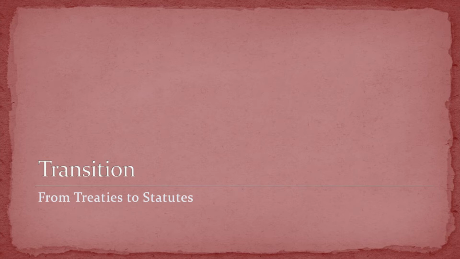So at this point, we're going to transition from treaties to statutes. This is all really heavy stuff when you really think about it. And for tribal people and their allies, when you really start thinking about it, you get so angry you don't know what to do. But hopefully by the end of this presentation, you'll see some light at the end of the tunnel.